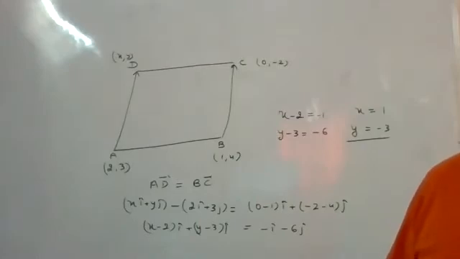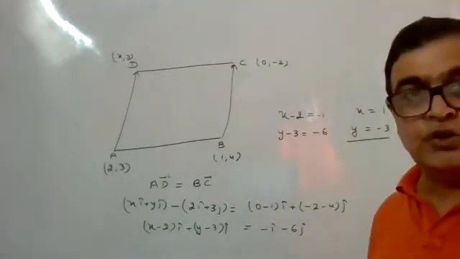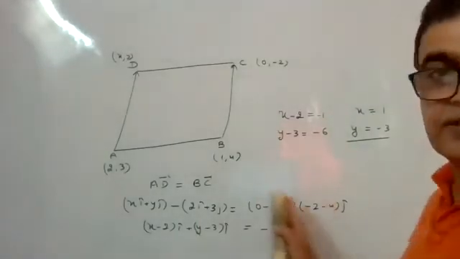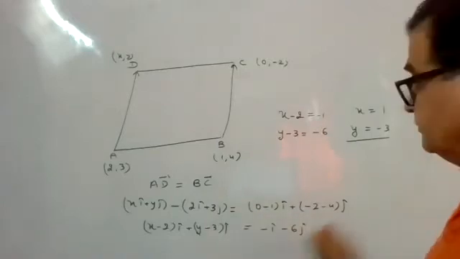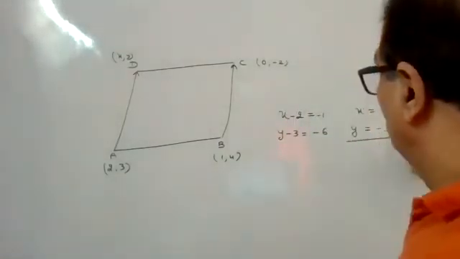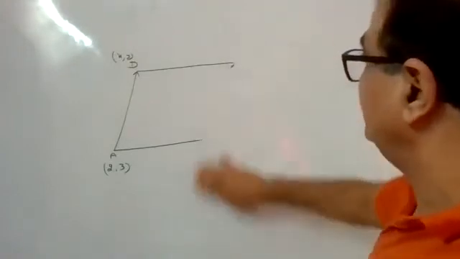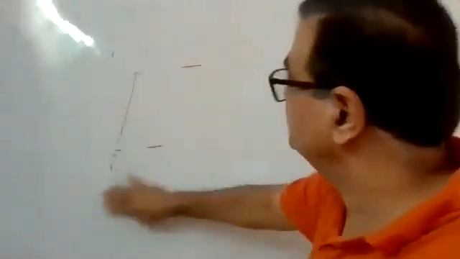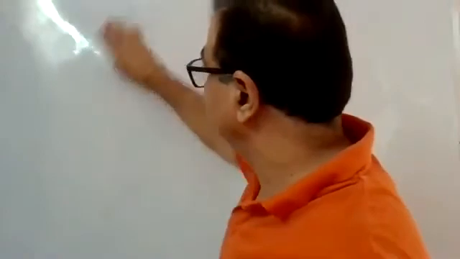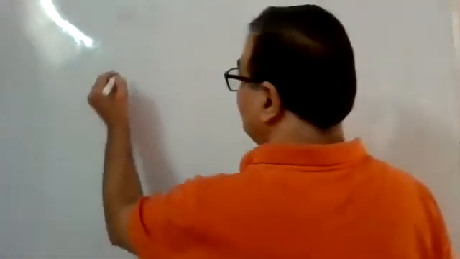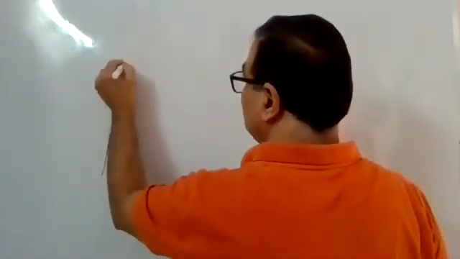Next question, please. Is this clear? Right, next question. Find a unit vector parallel to the vector minus 3i plus 4j.